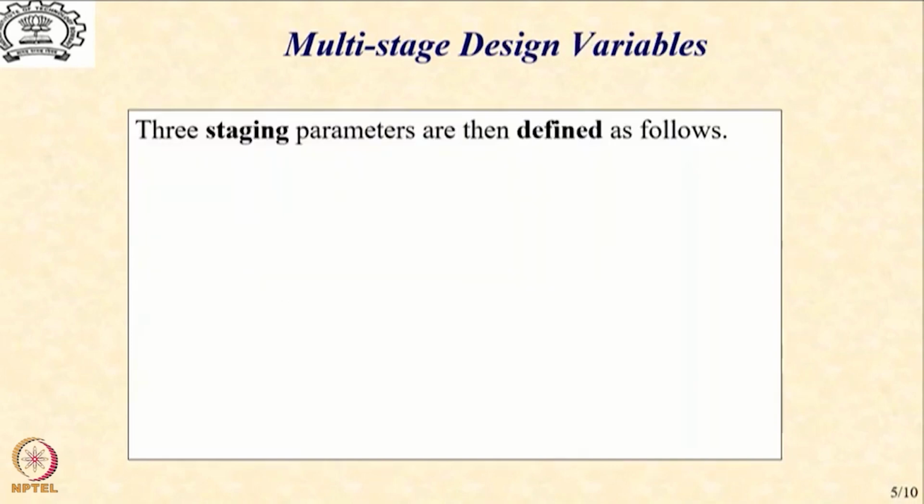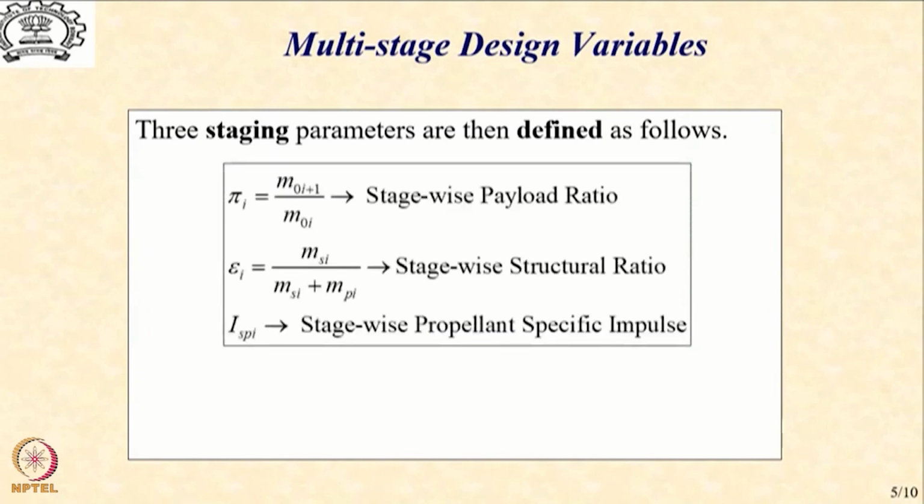Based on this, let us now define the applicable design variables for a multi-stage configuration. So let me introduce a parameter called pi i, named stage-wise payload ratio, which is nothing but the ratio of the payload of the ith stage and the starting mass of the ith stage.